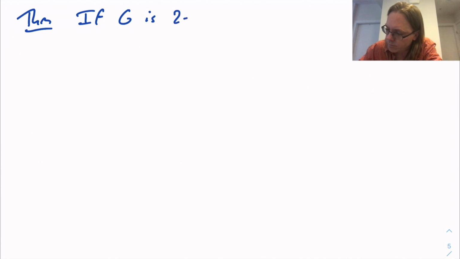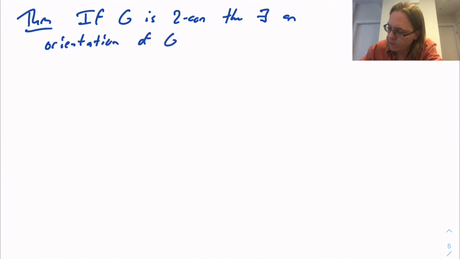Our theorem is going to tell us that 2-connectivity is enough for that. There is an orientation D of G that is strongly connected.